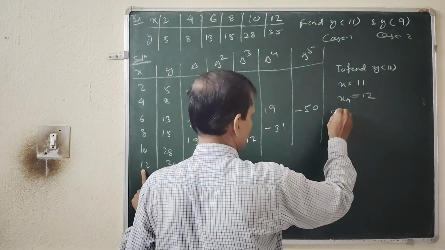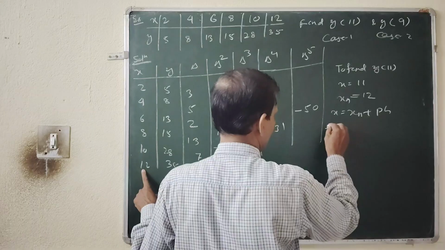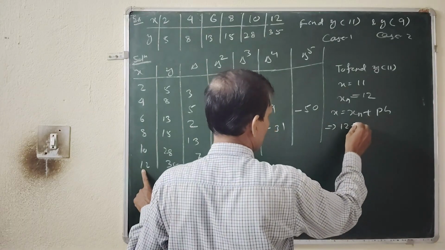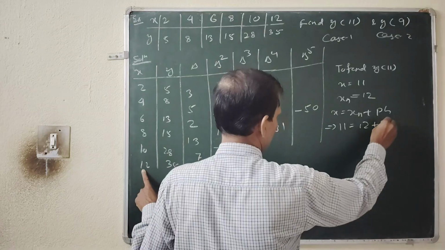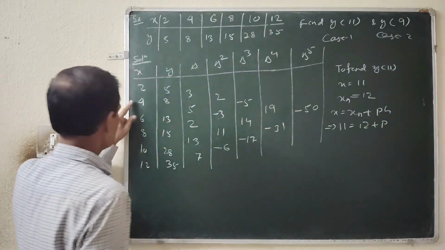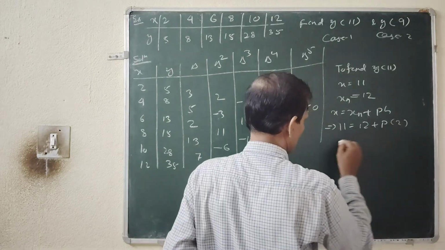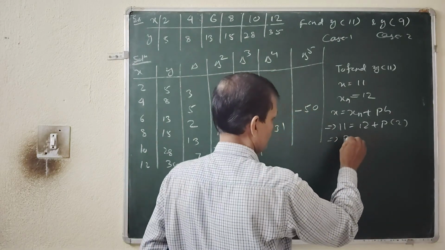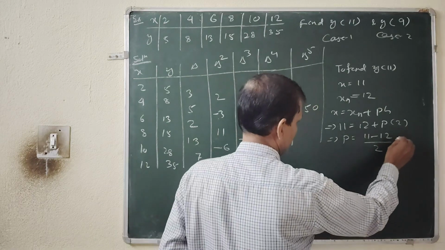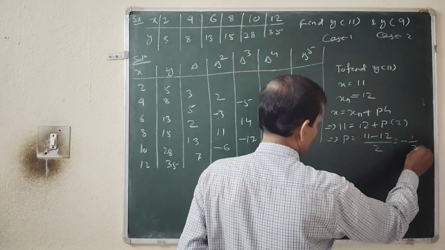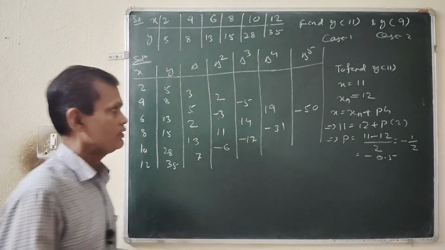Okay, you have to find out x is equal to xn plus ph. x is 11. 11 is equal to 12 plus ph. What is h? H is the step length. 2, 4, 6, 8. Step length is 2. Implies p is equal to 11 minus 12 by 2, that is minus 1 by 2, that is minus 0.5. We calculate p.